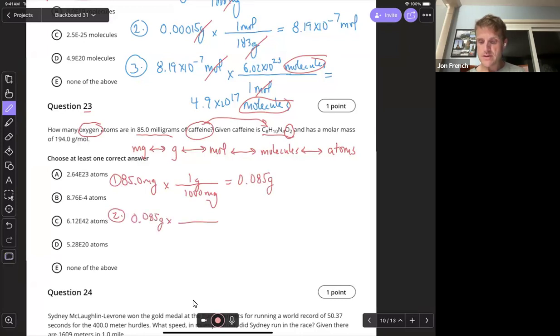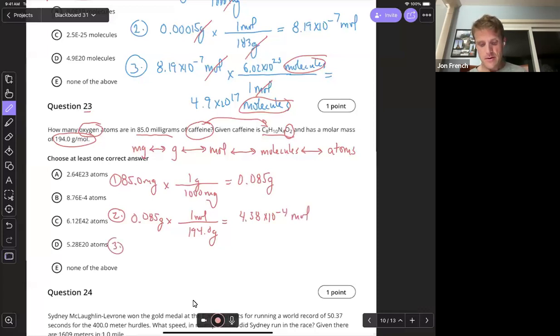The molar mass tells us 194 grams per 1 mole of caffeine. So 0.085 divided by 194, I get 4.38 times 10 to the minus 4 moles.